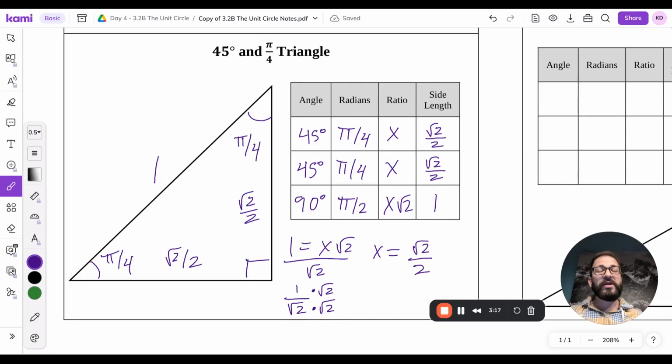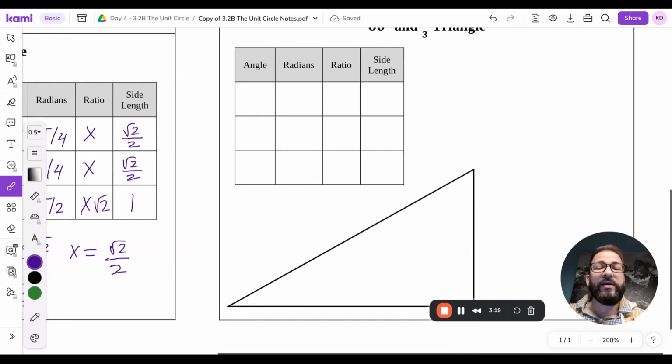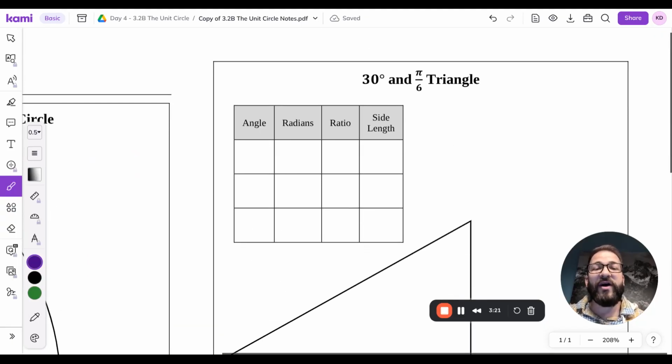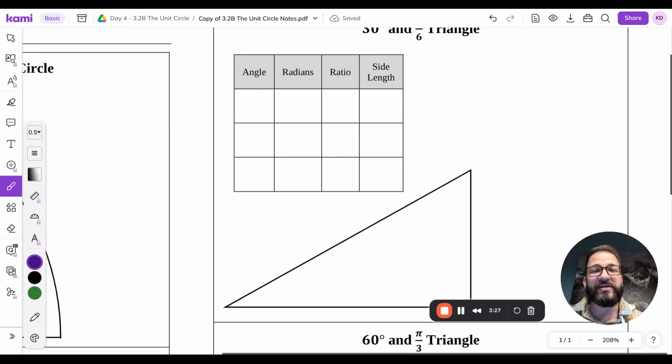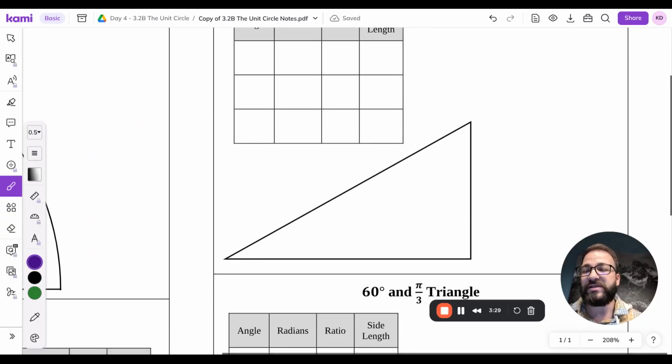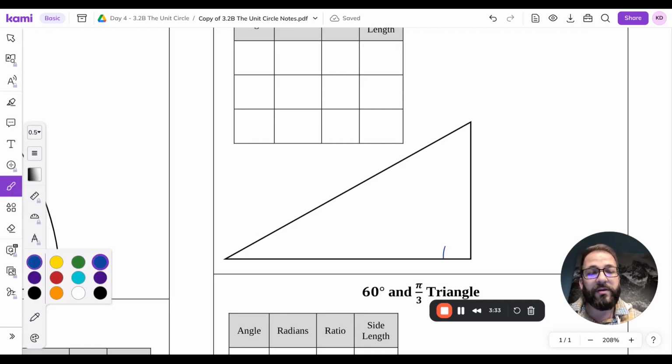Okay, so that's our 45-degree triangle. It's the first triangle we're going to use today, but it's not the only one. We also have our 30-degree or pi over 6 triangle, which is another one of our special right triangles. Once again, with that right angle, but now our 30-degree angle, which means that our other angle is 60 degrees.